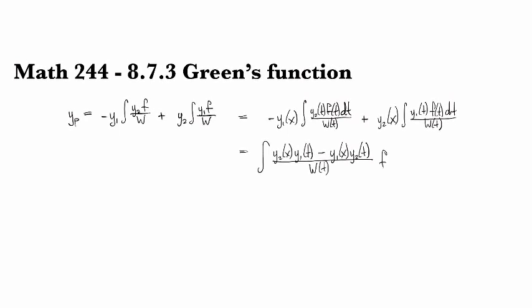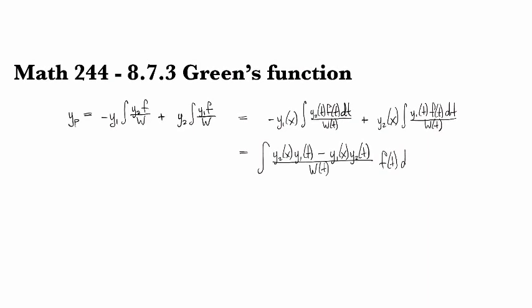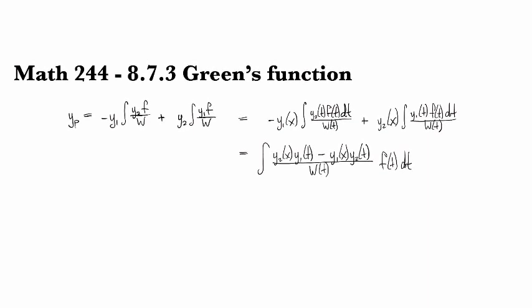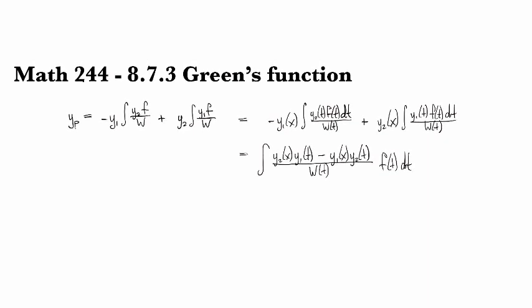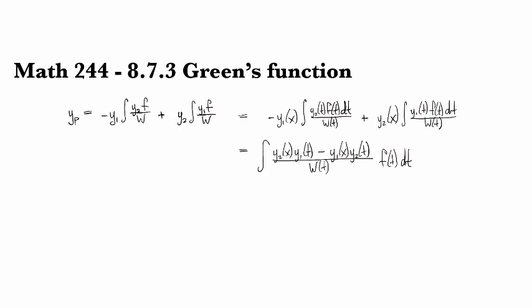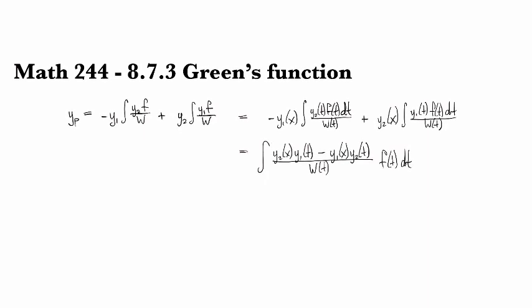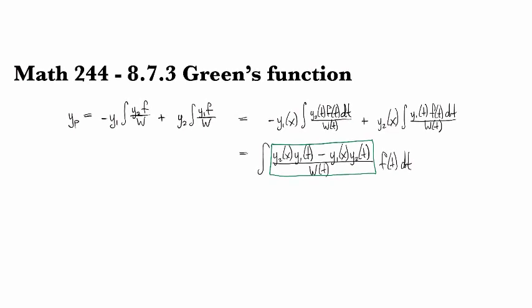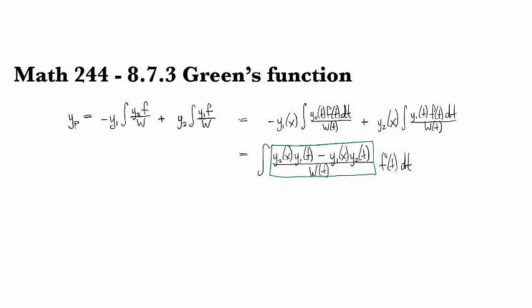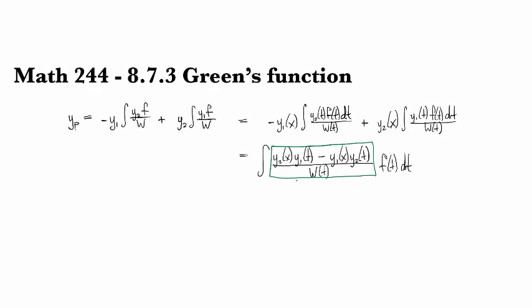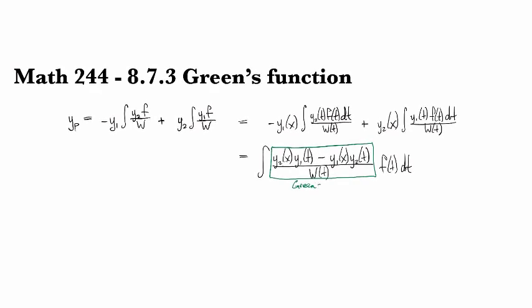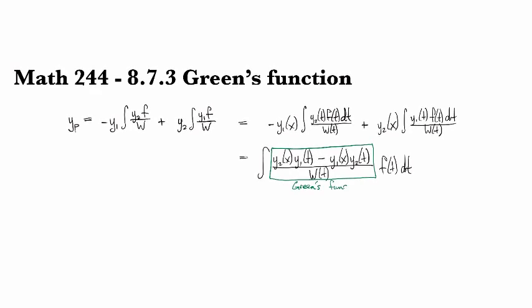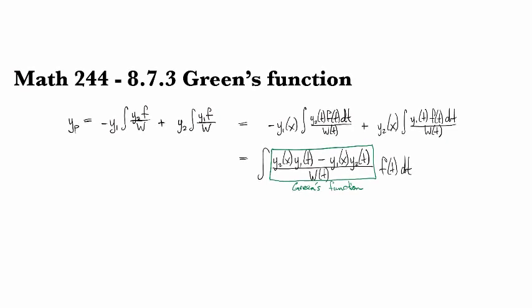Then I've got f of t dt. So the idea is to take this entire block right here. This is the Green's function for this problem.